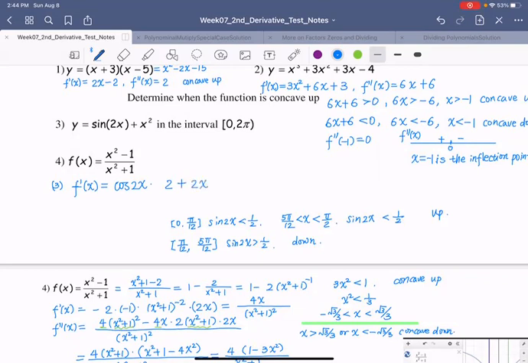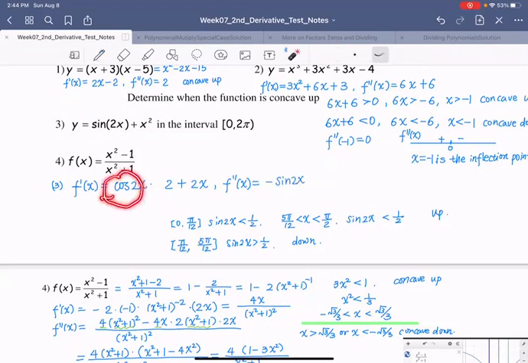Very good. Now let's do the second derivative. Negative 4 sine 2x. Okay, very good. Cosine 2x derivative is negative sine 2x.